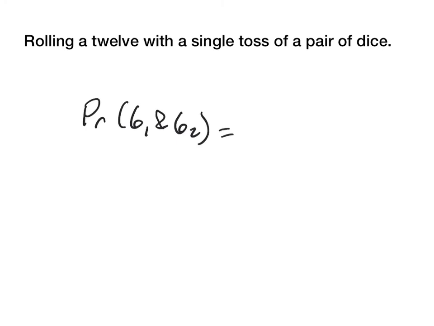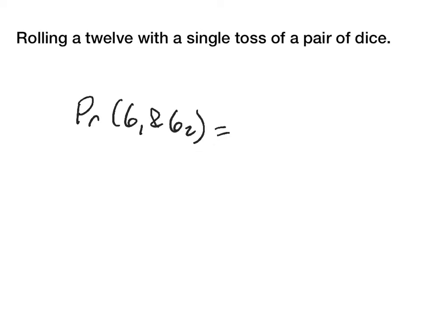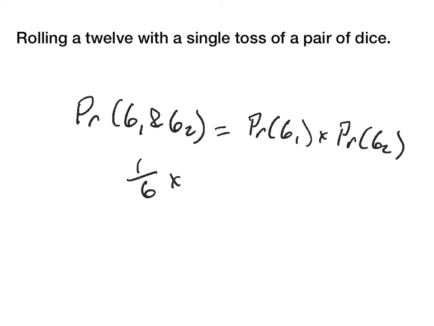Well, now we have to ask, are they dependent or independent, since this is a conjunction? And the answer is independent. What we get on the first die isn't going to affect the probability of getting anything on the second die. So that's equal to the probability of getting a 6 on the first one times the probability of getting a 6 on the second one. And that equals what? 1/6 times 1/6 equals 1 over 36.